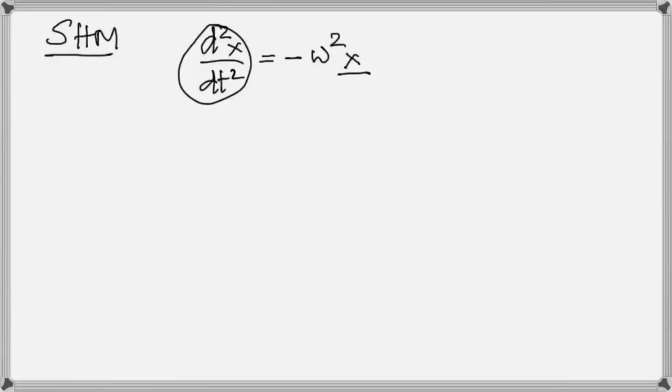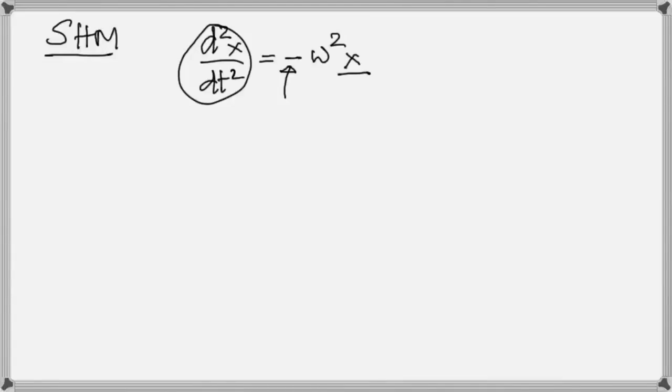Those 2 conditions came from this formula that we derived. You remember? The conditions are, the acceleration must be proportional to the displacement, condition number 1. Condition number 2, the acceleration is always opposite to the displacement. How do I know it's opposite? Because there is a negative.